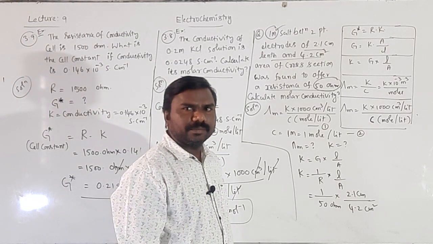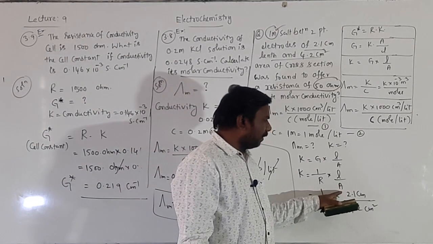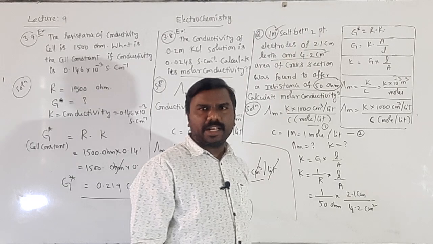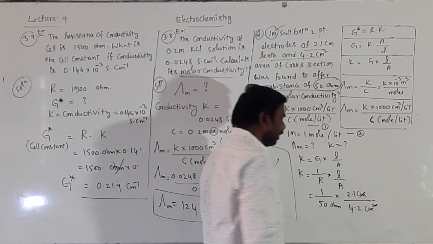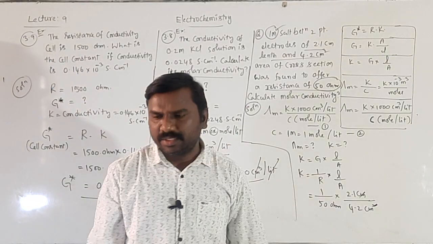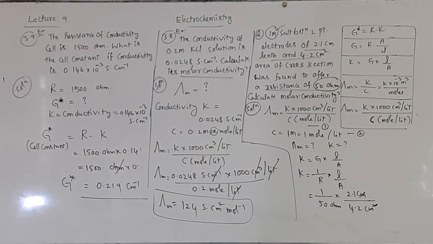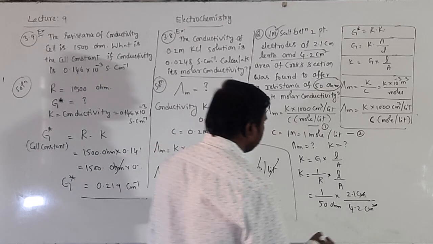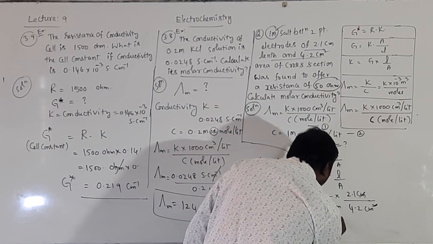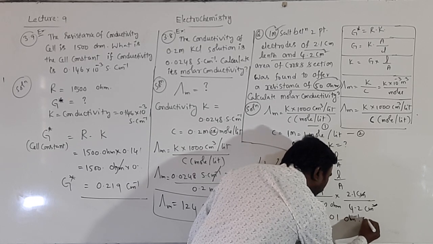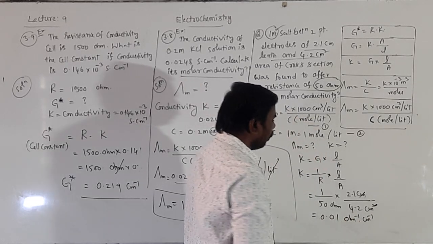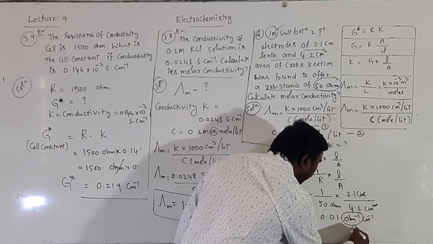Understood all of you? If you solve this, centimeter cancelled, you get centimeter inverse, ohm inverse. The K value is 0.01 ohm inverse centimeter inverse. Ohm inverse is also taken as Siemens.